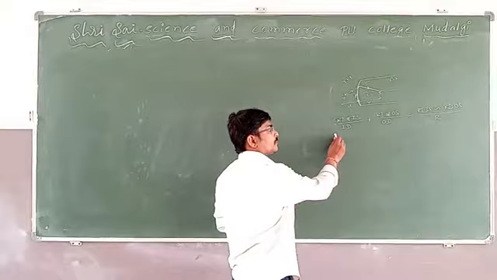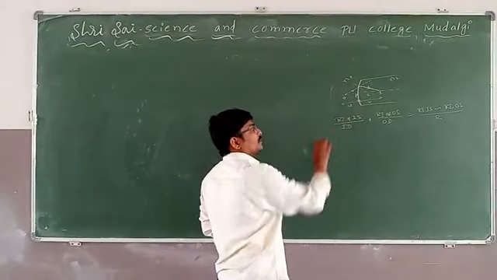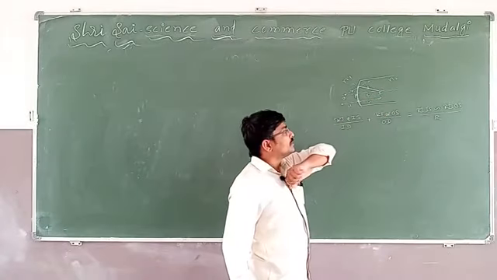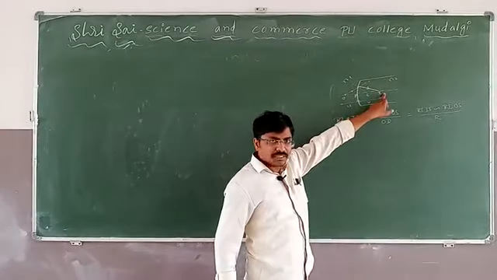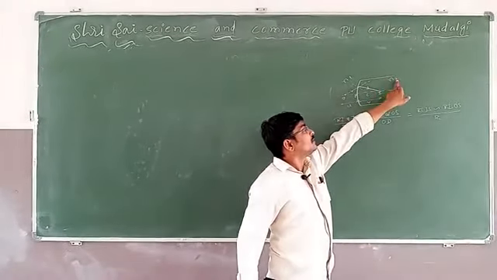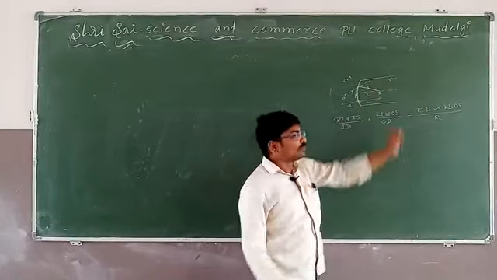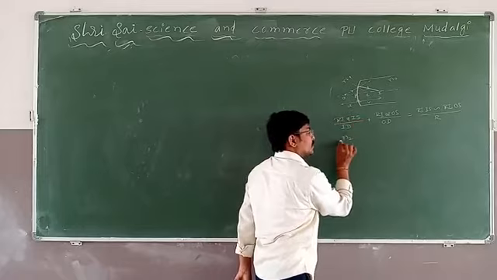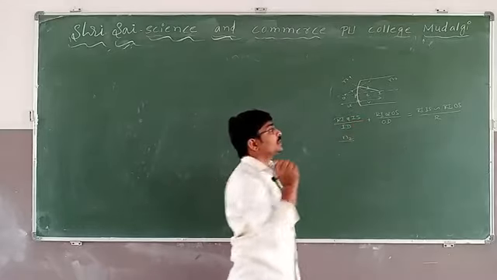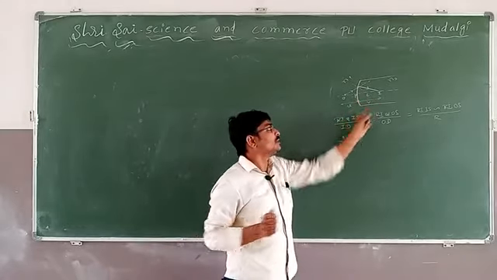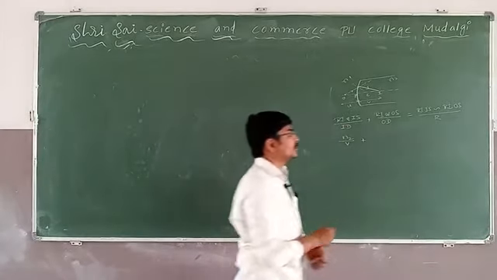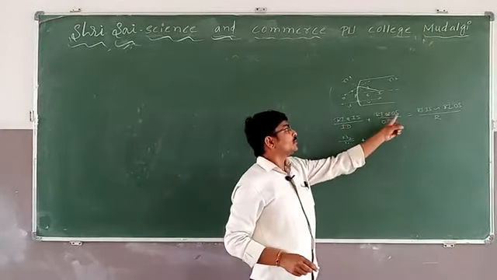See, refractive index of image space. The image is formed here. Remember, if the image is formed here, the refractive index is how much? n2. Therefore, refractive index of image space is n2 divided by image distance. Image distance means how much? V. Plus refractive index of object space.